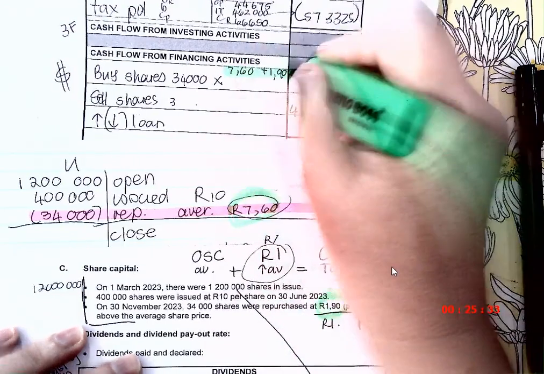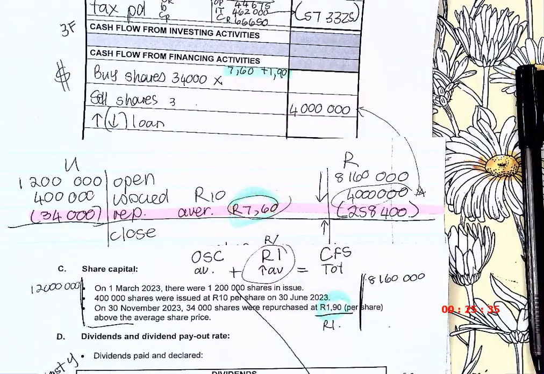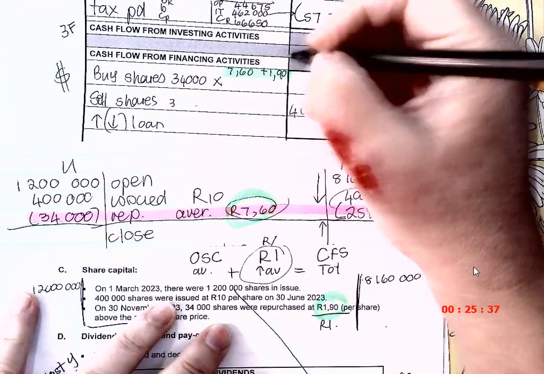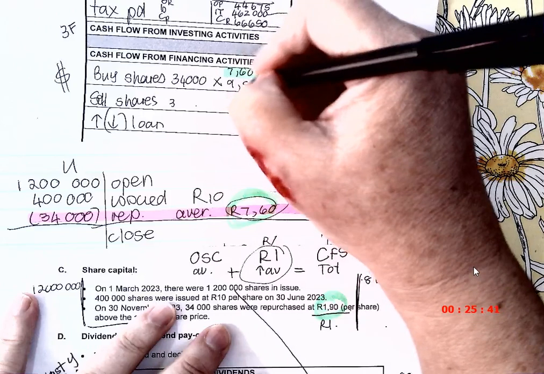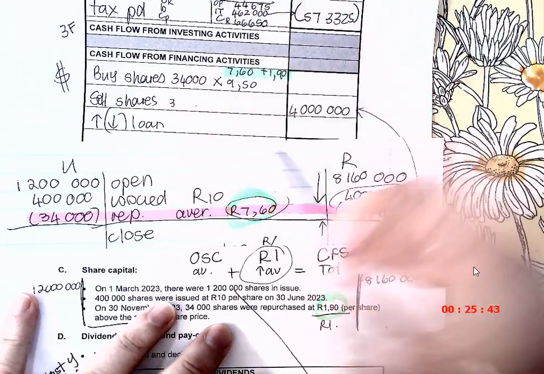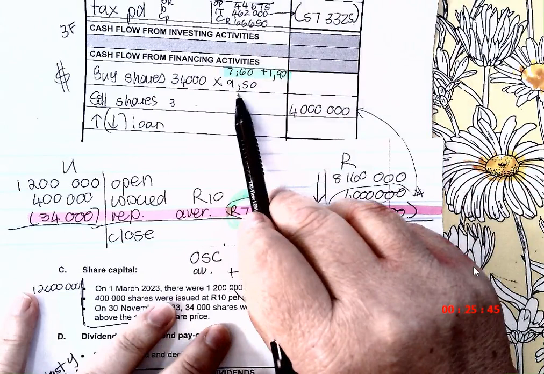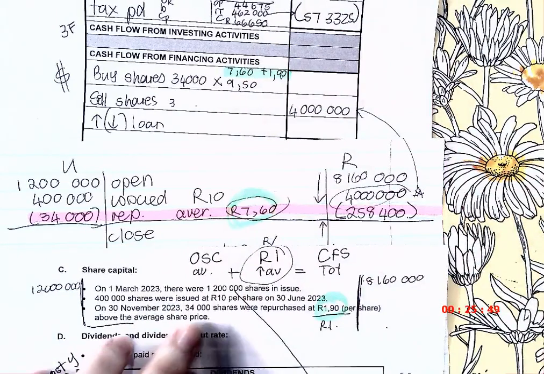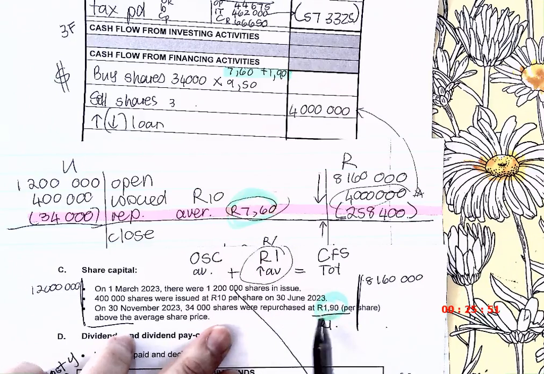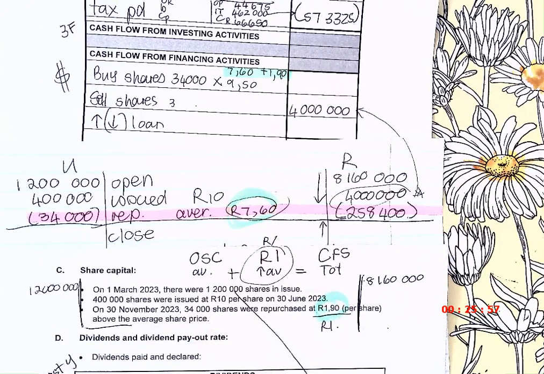You see? And that gives me what? 950. Is it R9.50? So now, can you see? This is how much I actually paid. Can you see what they could have said here? We repurchased it at R9.50. Then I know that is the total price that goes to the cash flow.